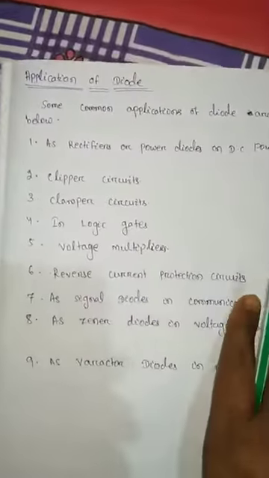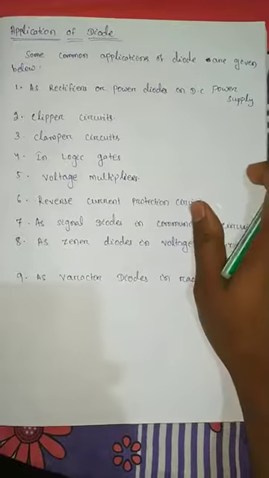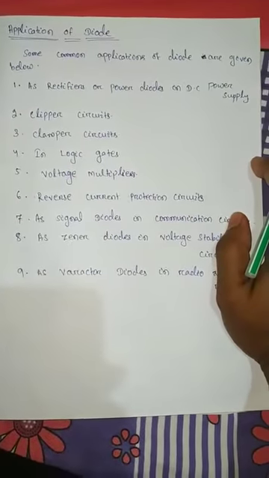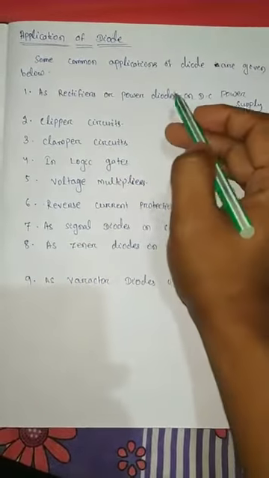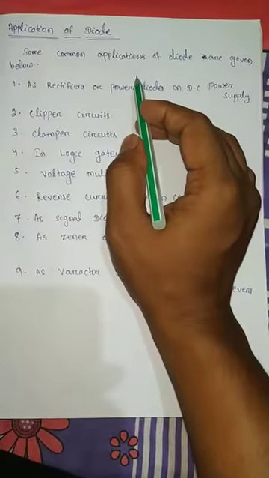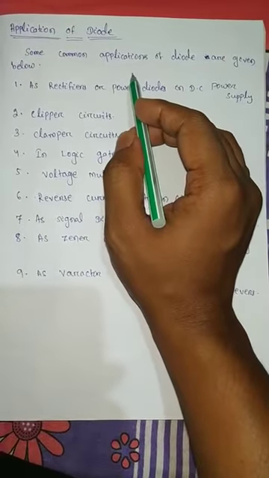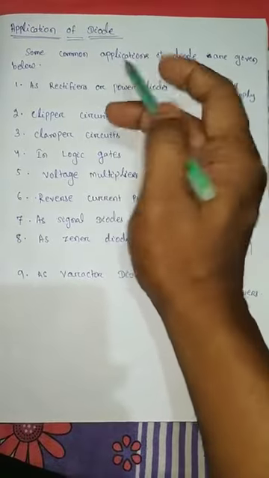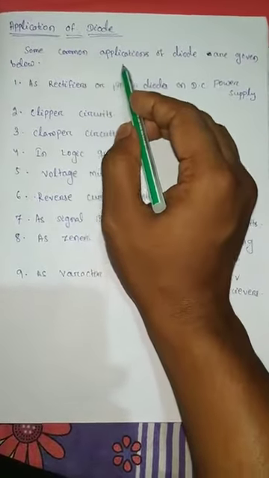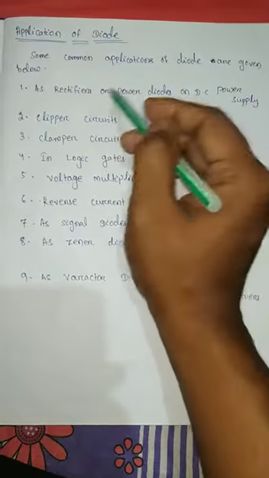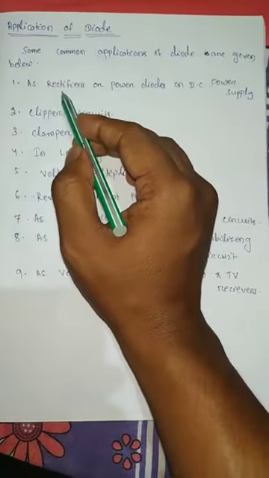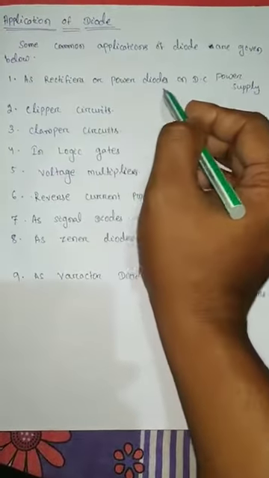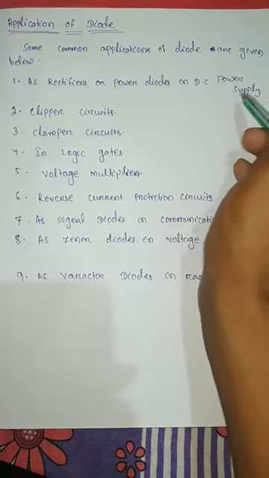Now come to applications of the diode. Diodes are used in various applications. Here we mention some common applications. Diodes can be used as rectifiers or power diodes in DC power supplies.